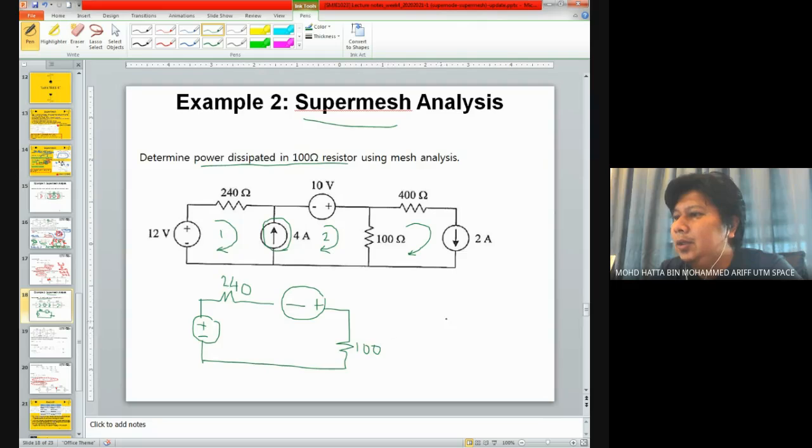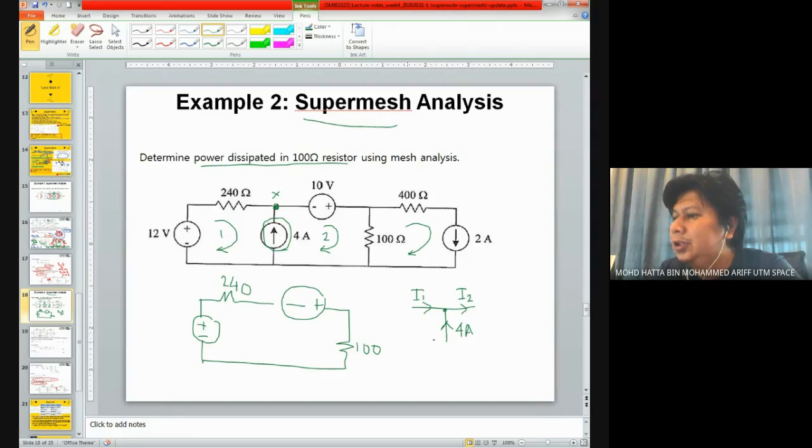The other one is to analyze this node, let's say I put it as X. X over here is defined by I1, this side we have I2, and current coming in, which is 4 ampere.